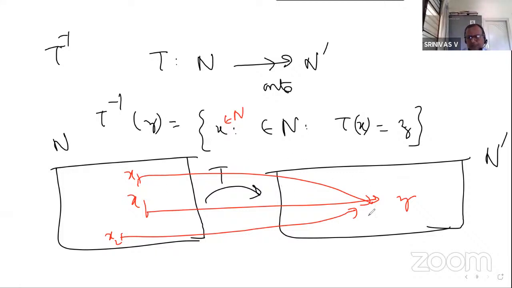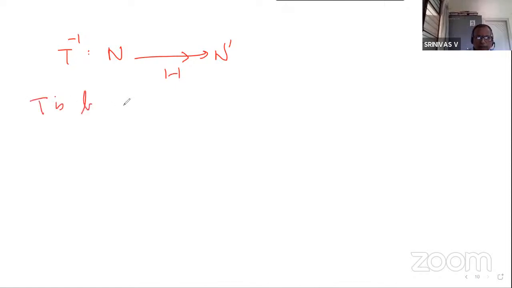Now, if you define it like this, or if you go for T one-to-one also, T maps N to N dash, say it is onto and one-to-one. Then let us show that T is linear if and only if T inverse is so.